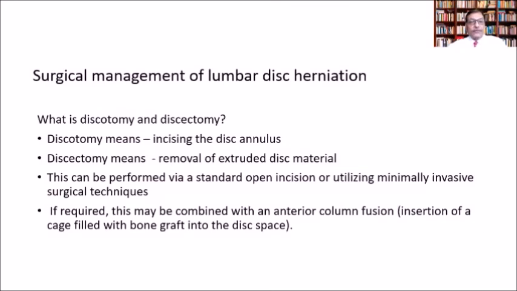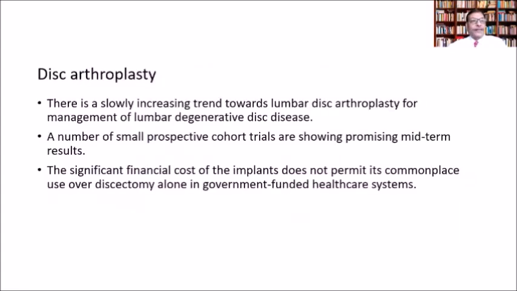This can be performed via a standard open incision or utilizing minimally invasive surgical techniques. If required, this may be combined with an anterior column fusion, which is insertion of a cage filled with bone graft into the disc space so that vertebral body fusion occurs.